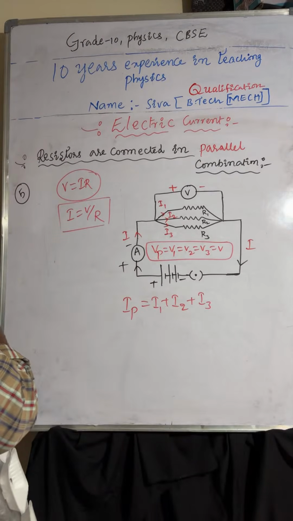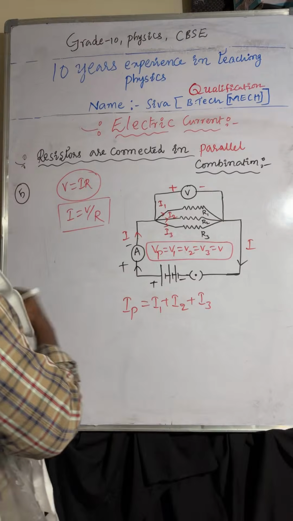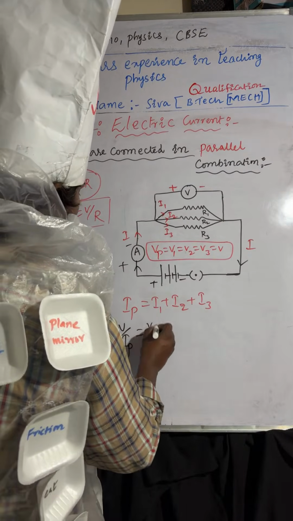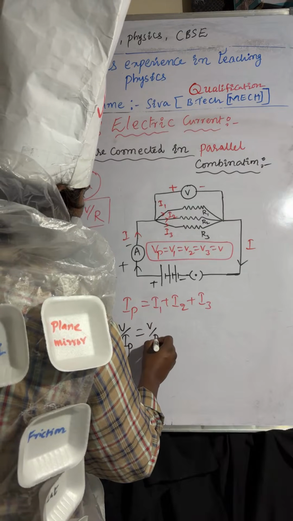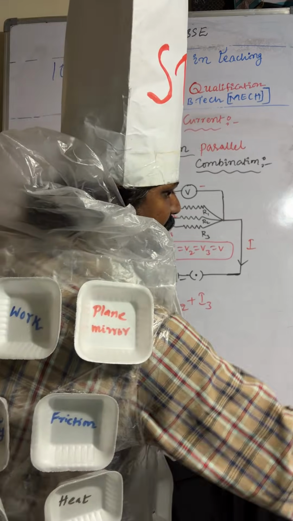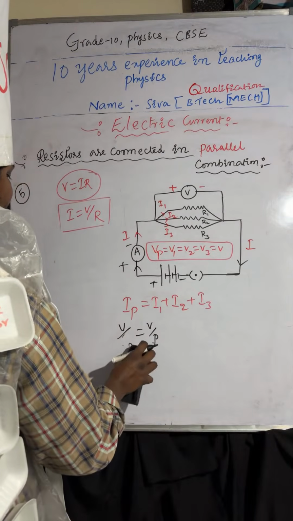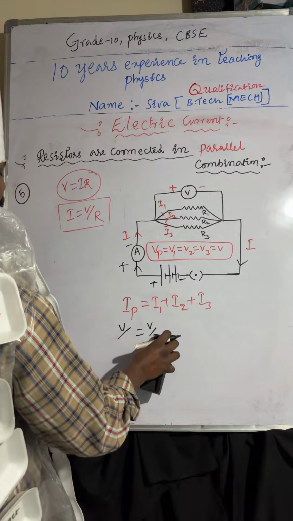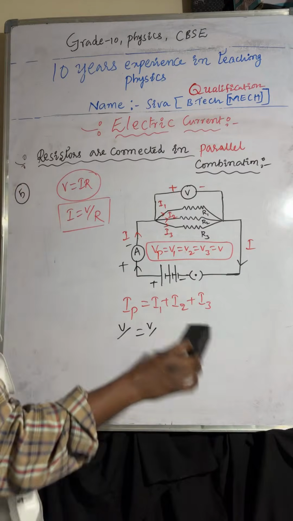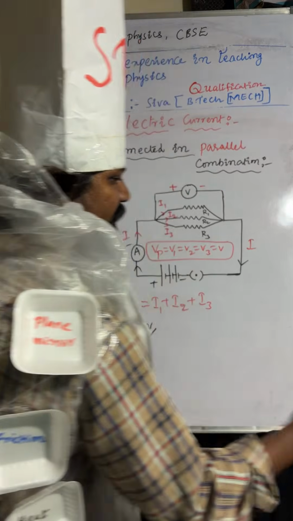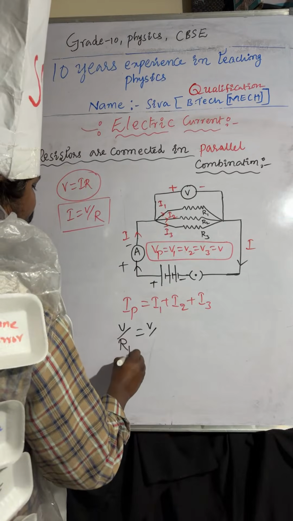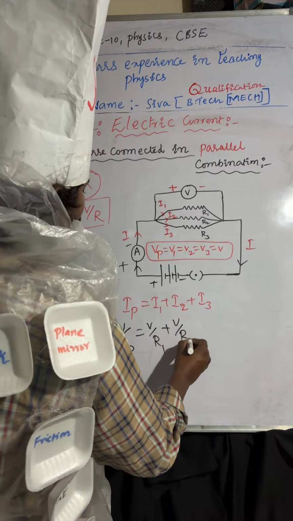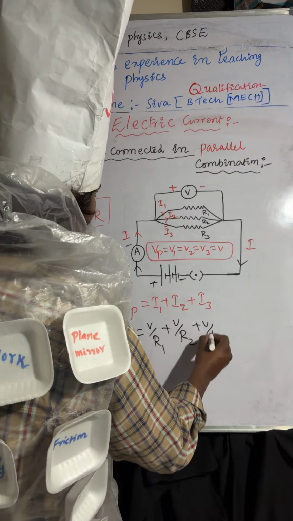So then we can write, IP is nothing but V by Rp, and that equals V by R1 plus V by R2 plus V by R3.